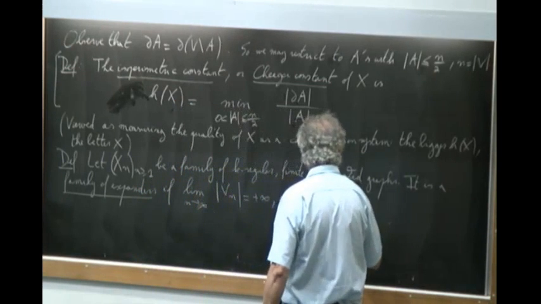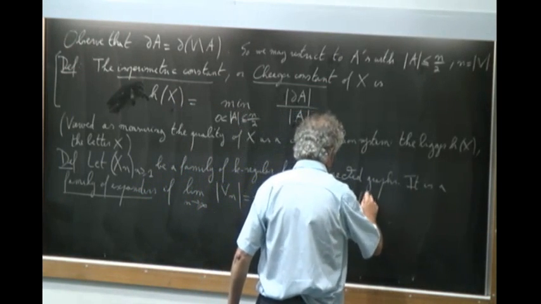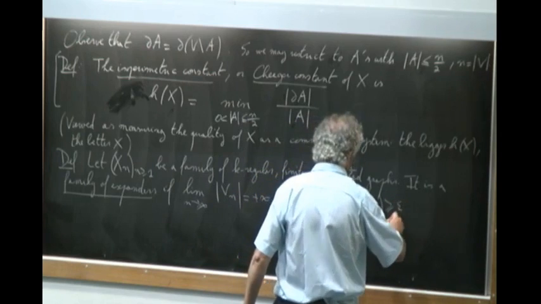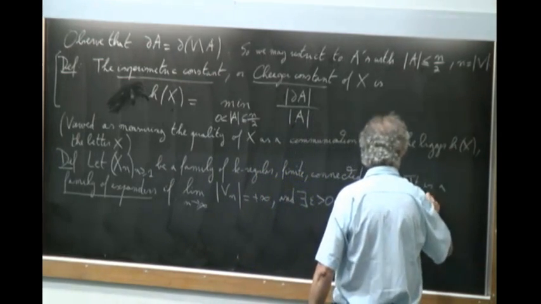So there exists a positive epsilon such that h of X_n is at least epsilon for every n.